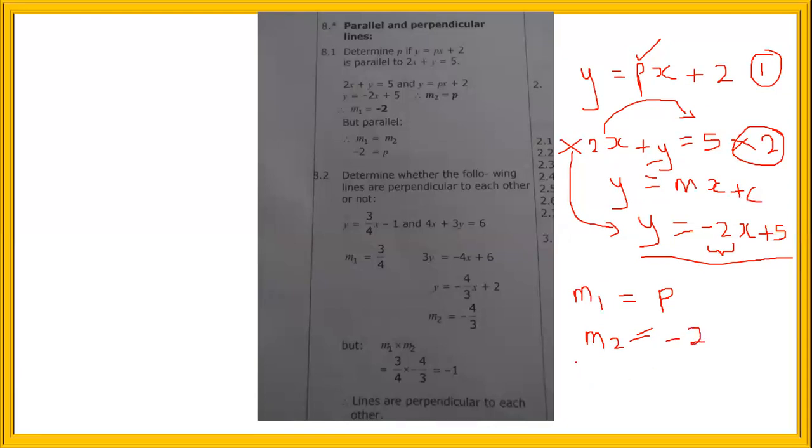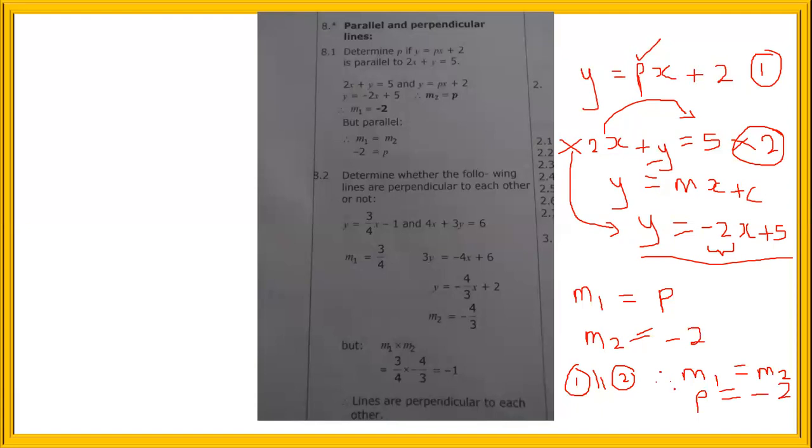And if line 1 is parallel to line 2, it means that M1 is equal to M2, which means p is also minus 2.